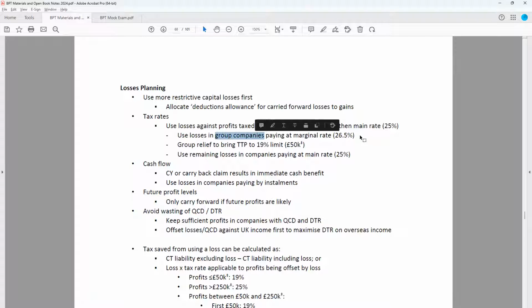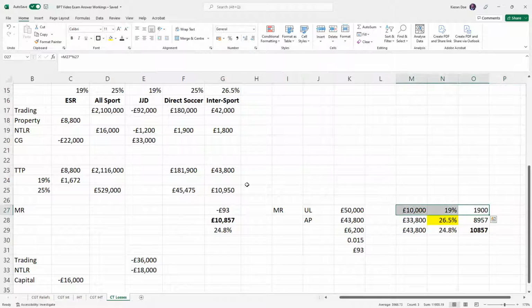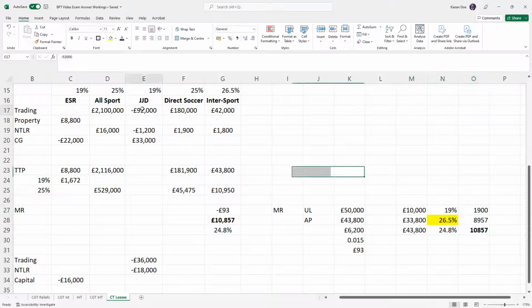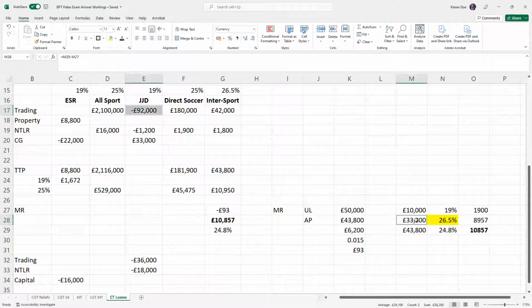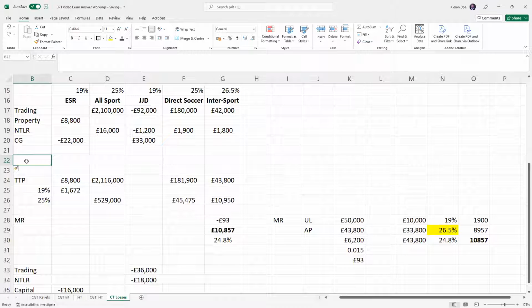So group scenario, target the profits at the marginal rate, but because group relief isn't an all or nothing claim, we can just surrender an amount of profits to IS to bring the profits down to the 10k and just leave them 10k of profit paying at 19%, because there will be enough profits there to do that, because we only need to cover 33.8k of profits. So therefore we'd want to be making a group relief claim here against that.